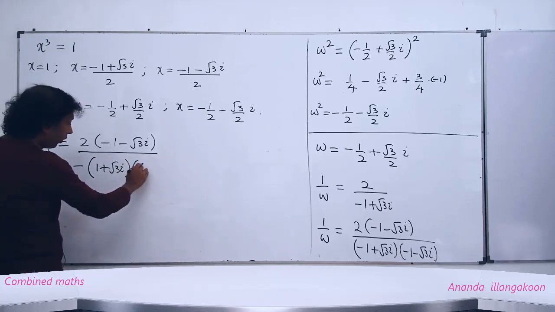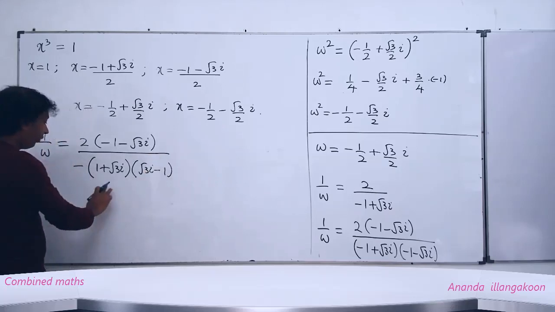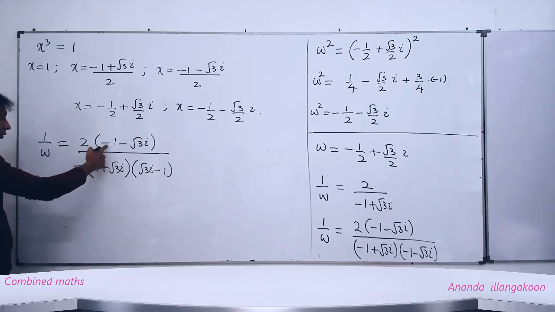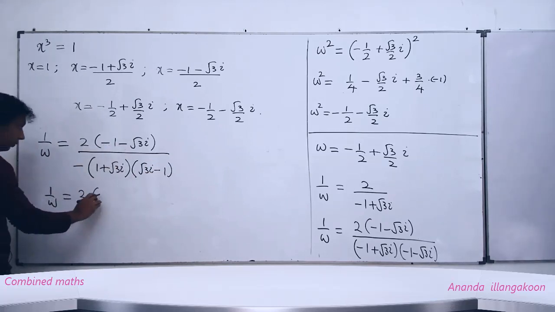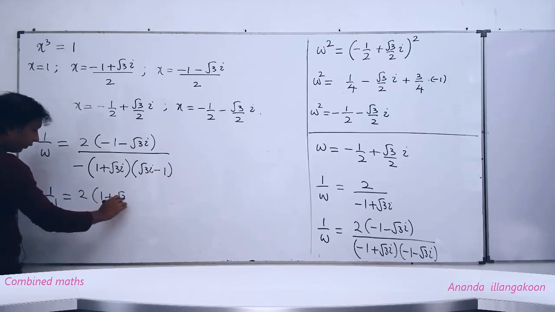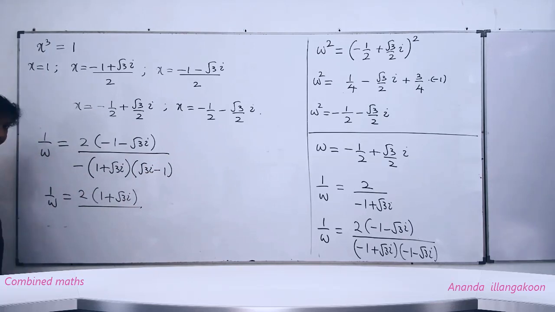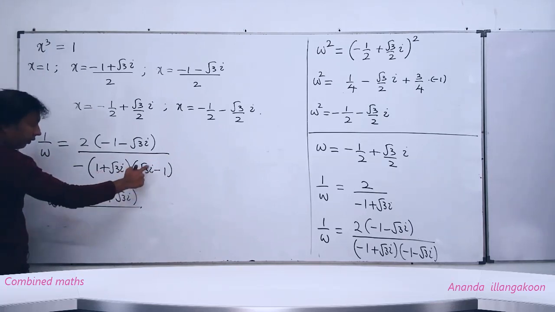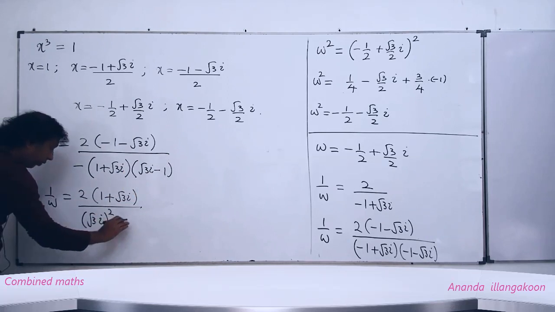The other one you can write as root 3i minus 1. A plus b into a minus b. This minus sign and this minus sign, so you can simplify. You get 2 times 1 plus root 3i divided by here a squared minus b squared: root 3i squared minus 1 squared.